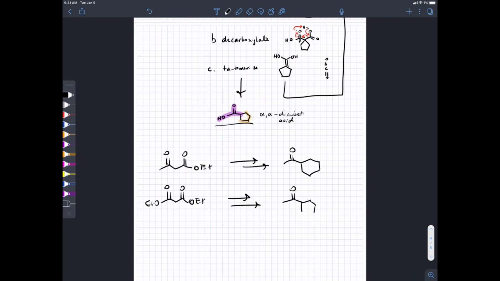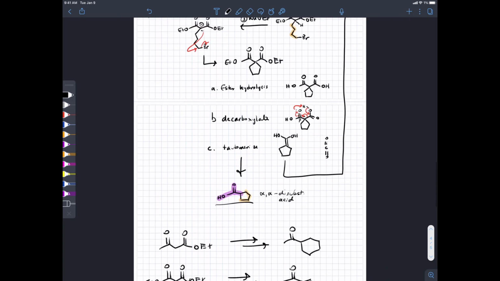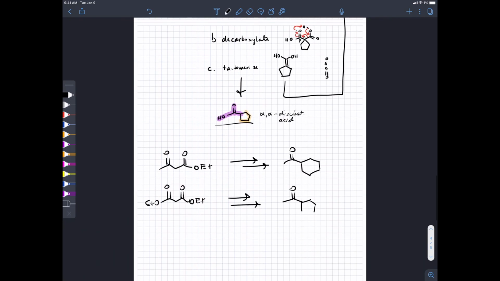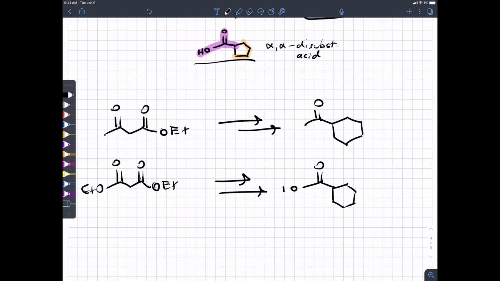We made a different size ring, and I'm scared that some of you are going to leave thinking, if I want to make a 6-membered ring, I've got to use the first one. If I want to make a 5-membered ring, I've got to use the second one. That's not it at all. You control the ring size based on the size of your alkyl halide. So we could make the alpha-alpha disubstituted acid and the corresponding alpha-alpha disubstituted ketone using similar methods.